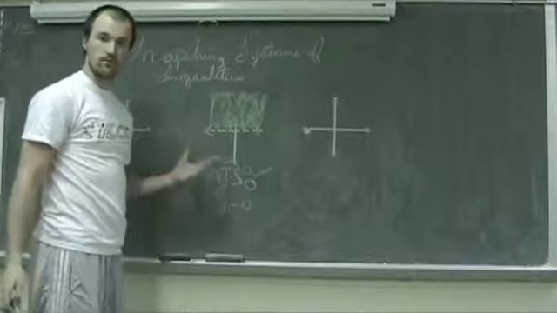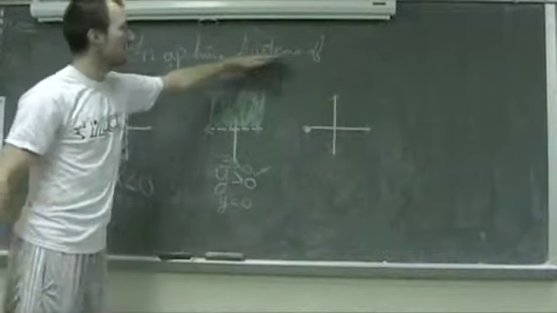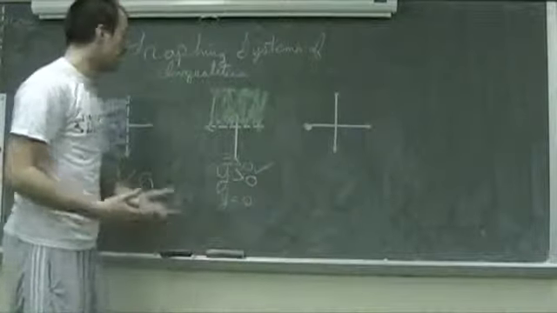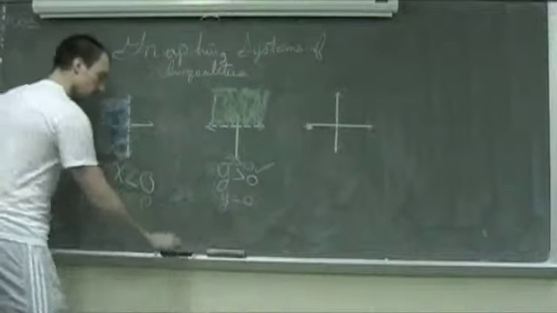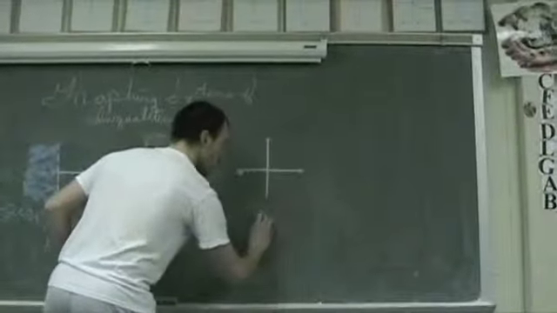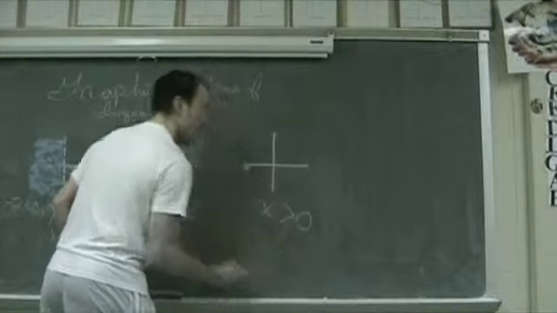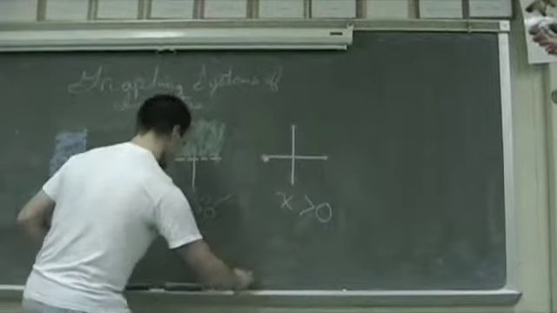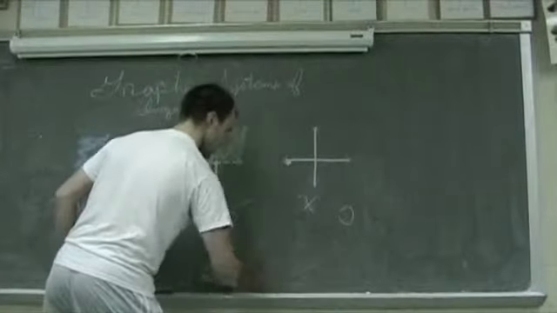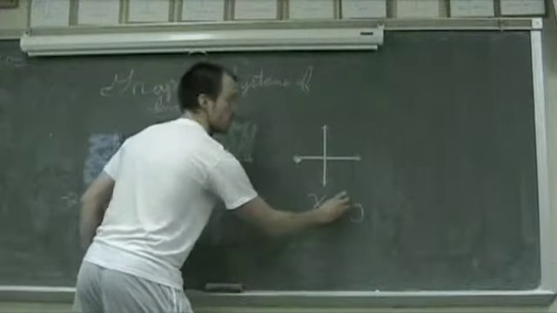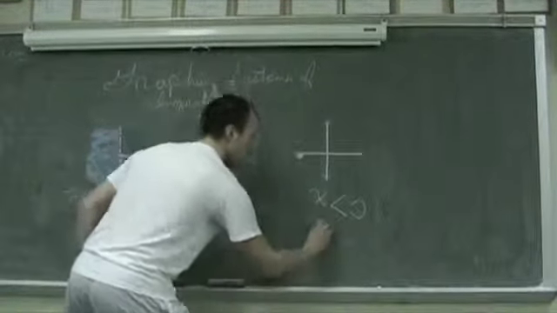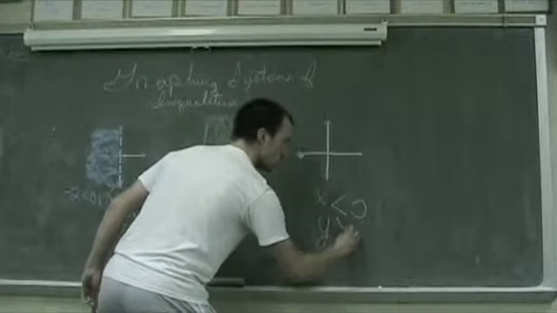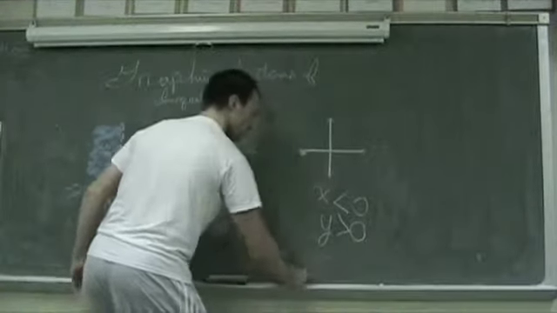So that's the review. What we can do now is make a system of inequalities. This is where x needs to be less than 0, and y is going to be greater than 0.